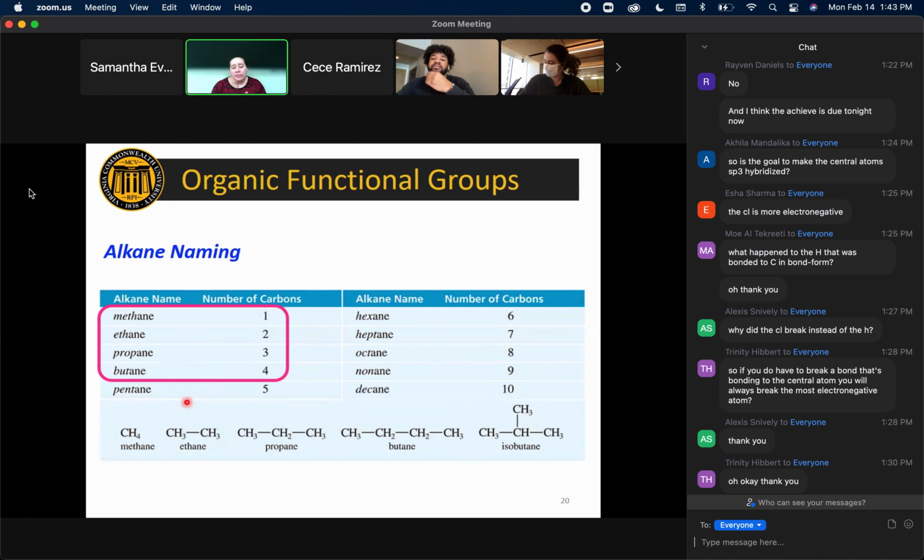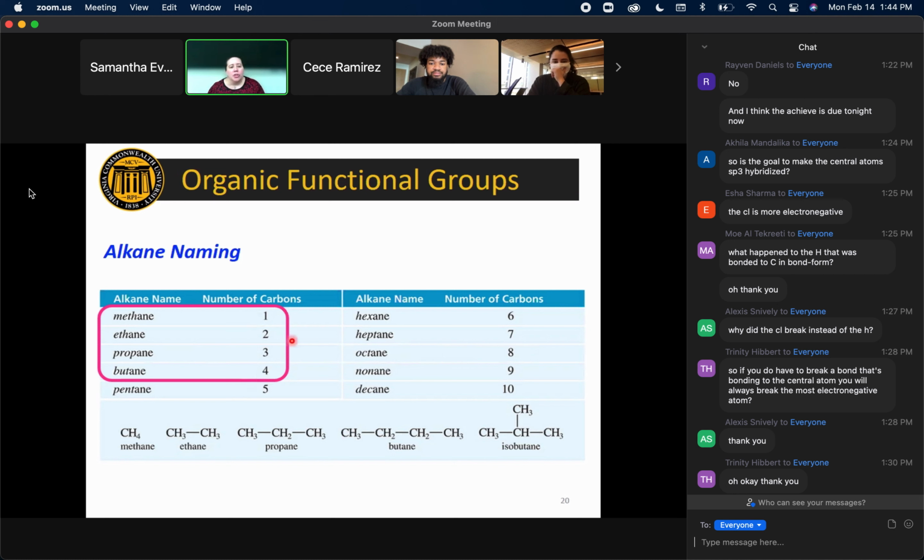Take that same prefix that you know from geometry and apply it by using ANE at the end, and then you have your name for the alkane of whatever size that is. So if you have 8 carbons, then you have octane, like high octane. Literally, that's what they're talking about when they say high octane is this molecule, an 8 carbon hydrocarbon. So oct for 8 carbons and ane for alkane, right?